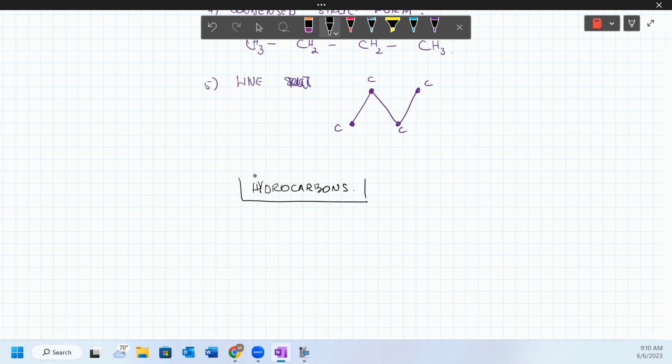To be studied, for easy study. The very first group is known as aliphatics, and within this group we have three subgroups. The first one is alkane.